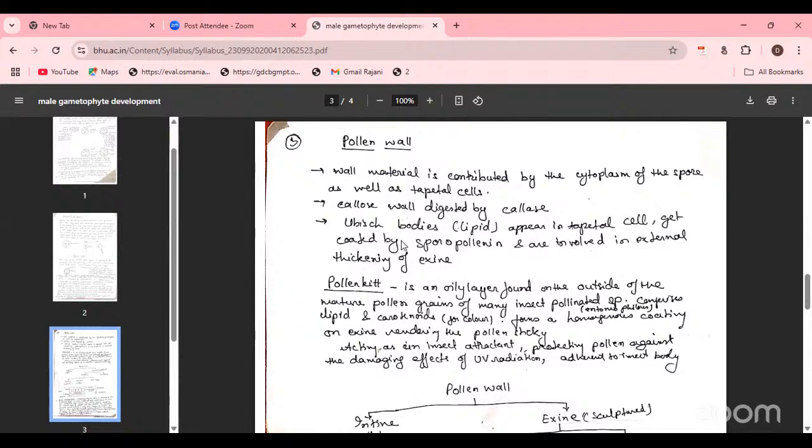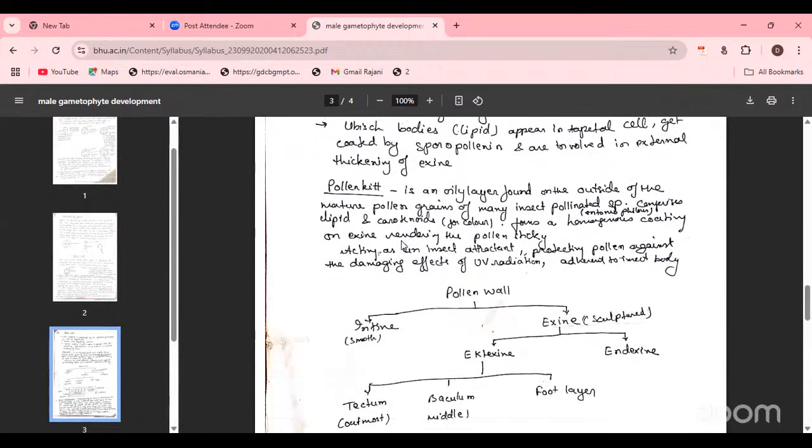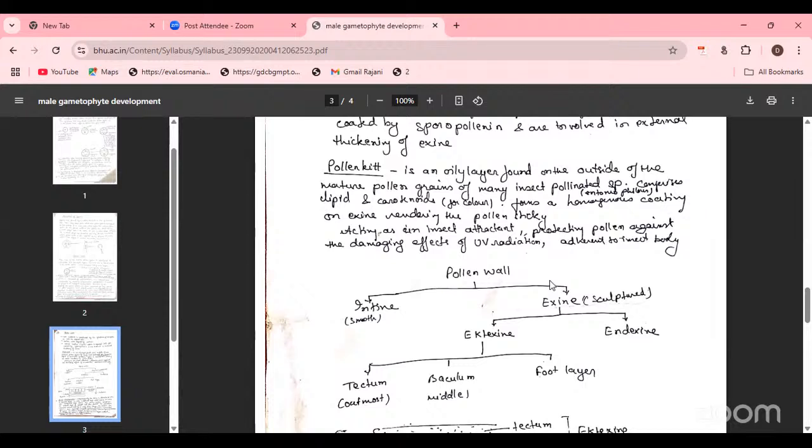The pollen kit is the only layer found on the outside of the mature pollen grains of many insect-pollinated species. Lipids and carotenoids provide color and form the coating on the exine. This is attractive to insects, and it protects the pollen grain from the damaging effect of UV radiation, and the main one.